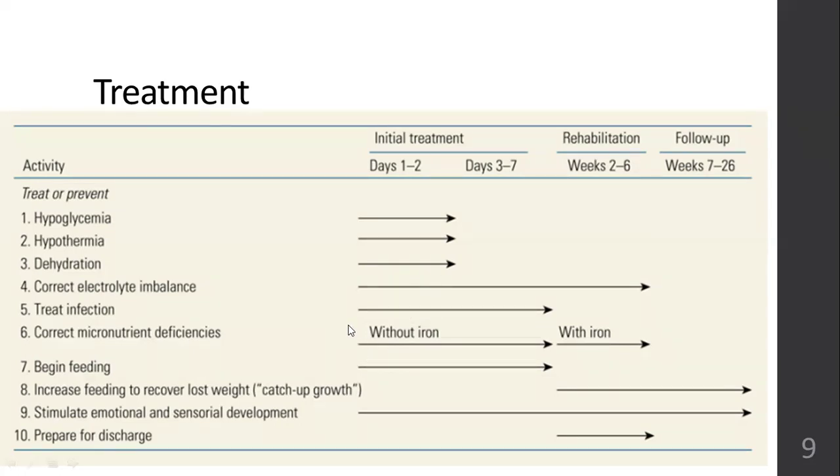So in that first week of initial treatment, we don't focus on iron, but once the child is in the ward for nutritional treatment, your focus will be on iron along with other micronutrient deficiencies and macronutrients.